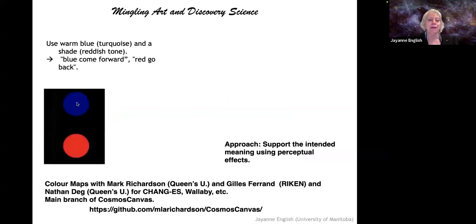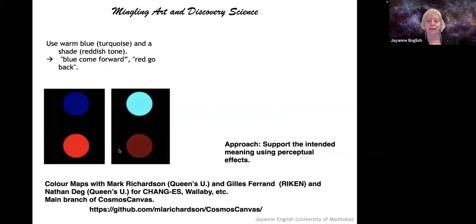So here was our previous color scheme where the red for redshift popped forward. Now we can make another one. Yay, now the red shift recedes and the blue shift approaches. So we can use this to support the intended meaning using the perceptual effects.